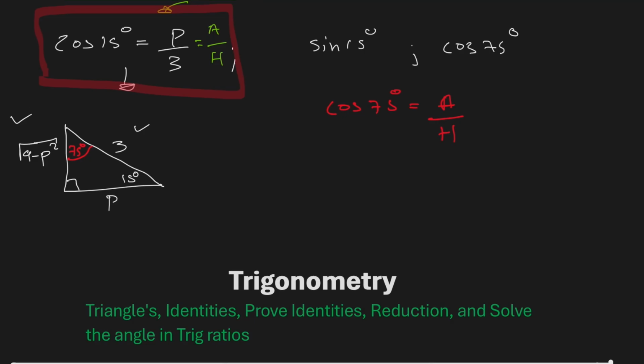So what is going to be our adjacent side to the reference angle? Our adjacent side is going to be this side here, next to the reference angle. And then the hypotenuse side is always 3. So do you see now, cos of 75 degrees is giving the same value as the sine of 15 degrees. So that is going to be what? Adjacent is the square root of 9 minus p squared, all divided by the hypotenuse, which is now 3.